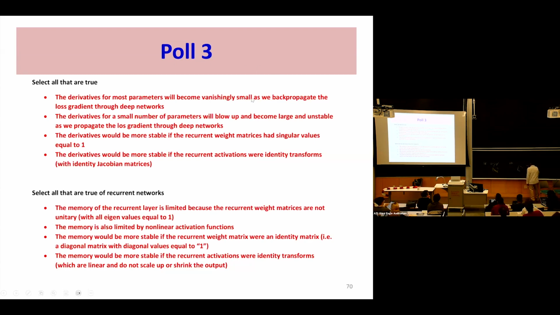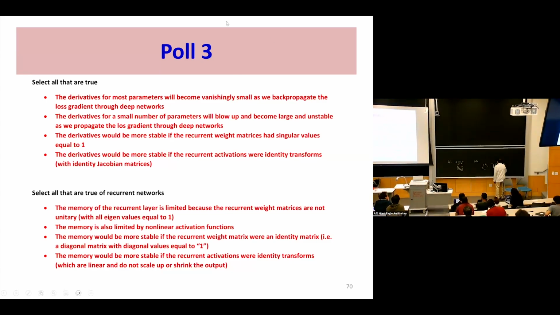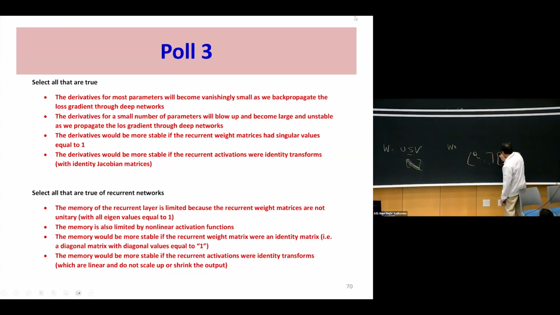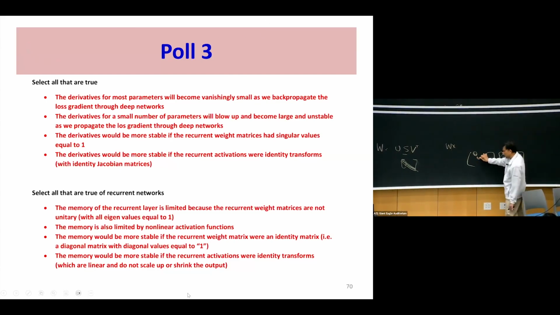And then V transpose is going to be a bunch of rows, right? So the first singular value corresponds to the first vector. The second singular value corresponds to the second vector. Anything that aligns with the first vector is going to get scaled by this guy. Anything that aligns with the second vector is going to get scaled by the second one. All of those vectors are orthogonal. So a small number of directions will grow, the rest of them are going to shrink.